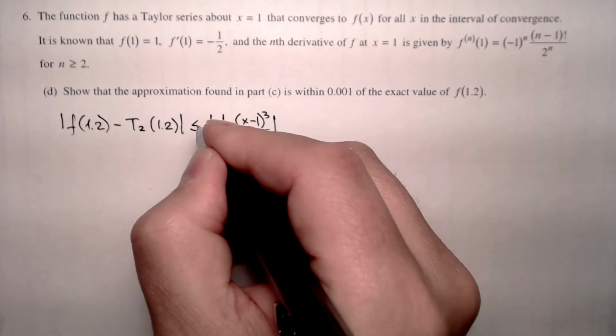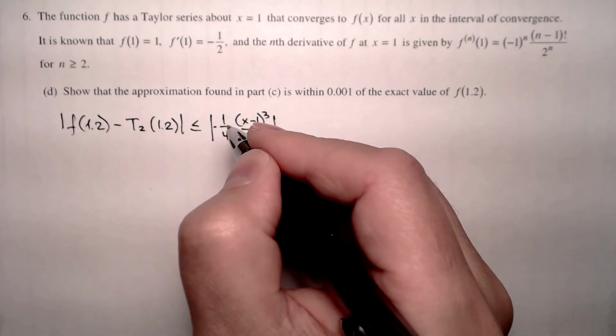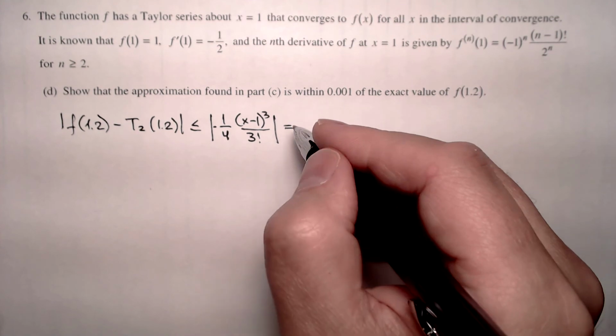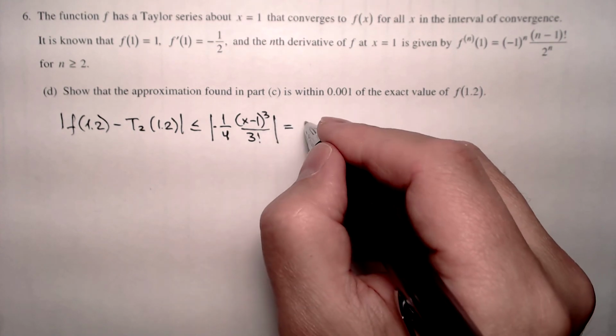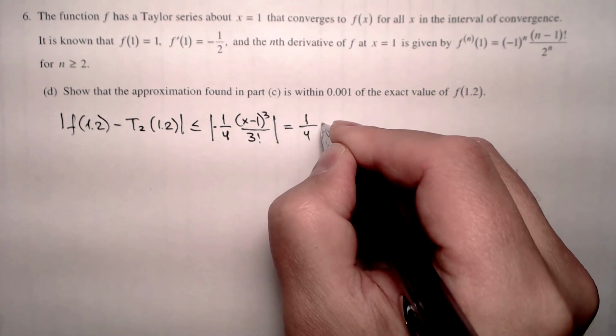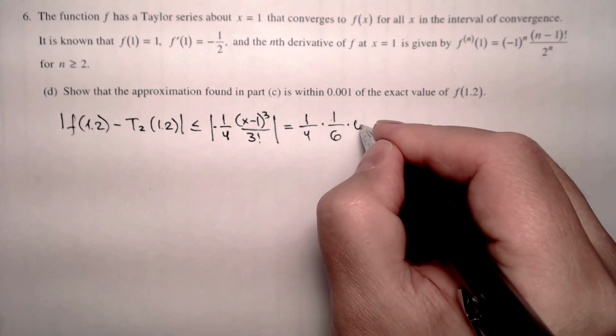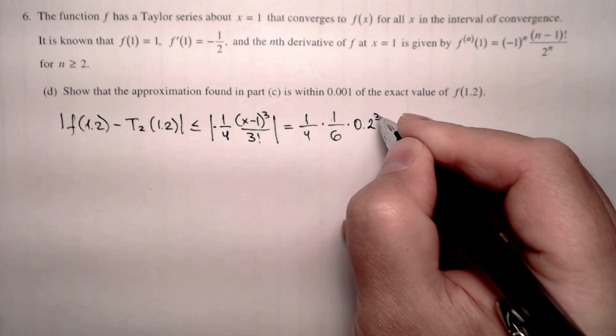And it had a negative sign there, which doesn't matter because we have the absolute value. Let's plug in the values: this will give us 1/4 times 1 over 6 times 0.2 to the third power.